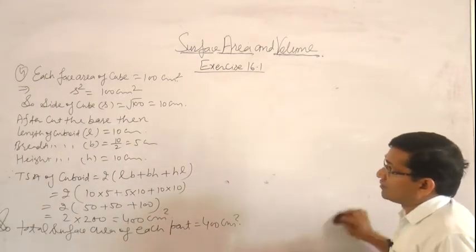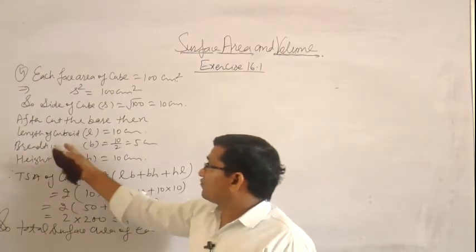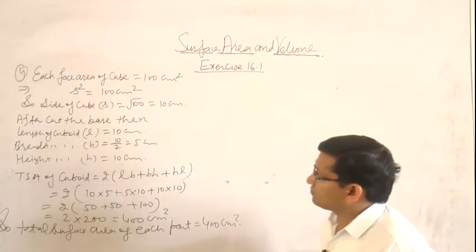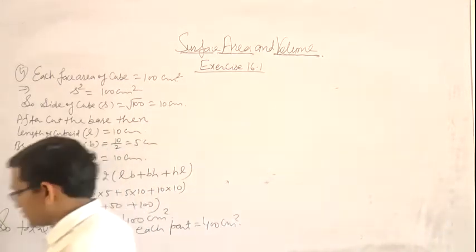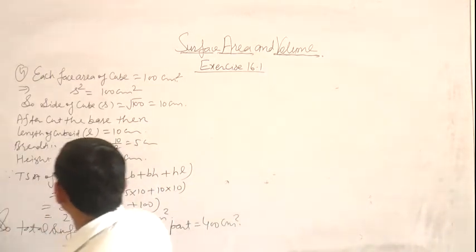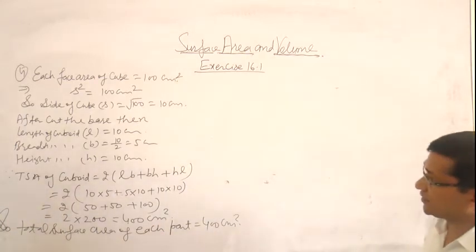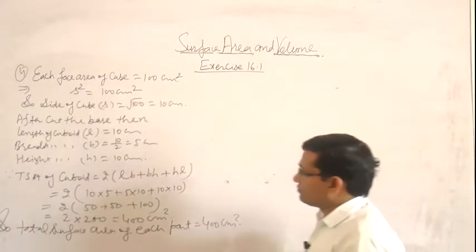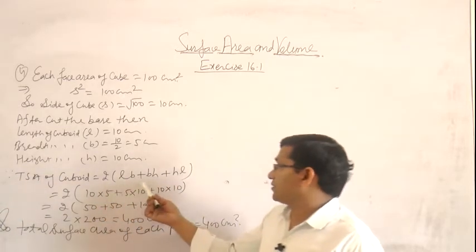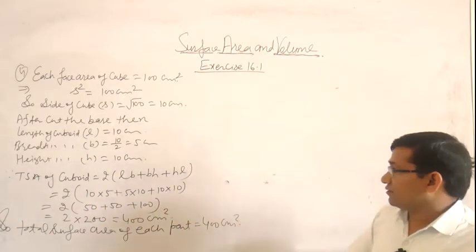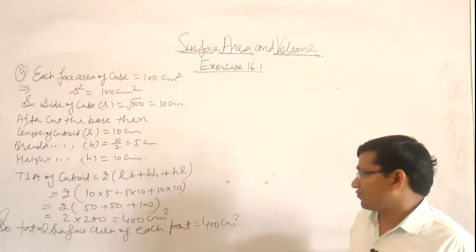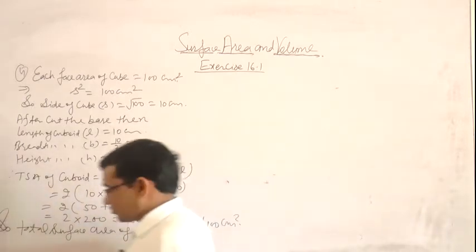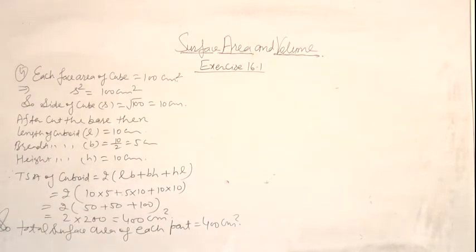After cutting the base, length of cuboid L is 10 centimeter, breadth is 10 upon 2, that is 5 centimeter, and height 10 centimeter. Because TSA, total surface area of cuboid, is 2 into LB plus BH plus HL. We put the values and after simplifying we get total surface area of each part is equal to 400 centimeter square.